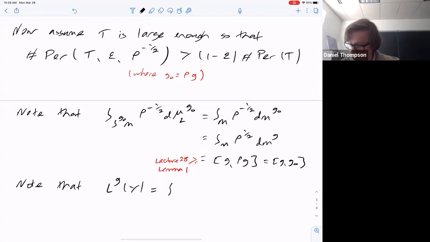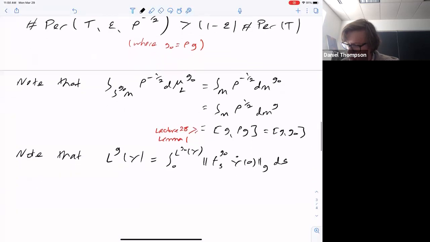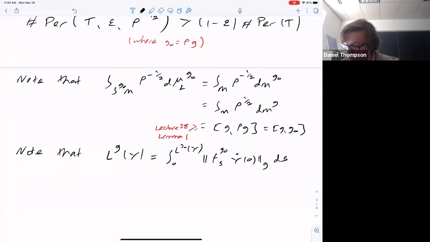So I could compute this by parameterizing it according to the g0 geodesic flow, integrating up to the length with respect to g0 of the g norm of the flow phi_s^g0 of gamma dot 0, ds. I've parameterized this according to what's going on with g0, but integrating the g norm, because that's the relevant thing.